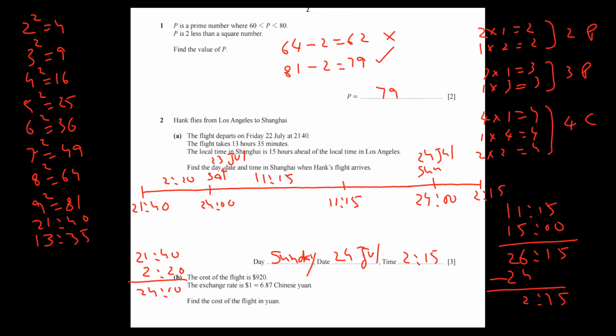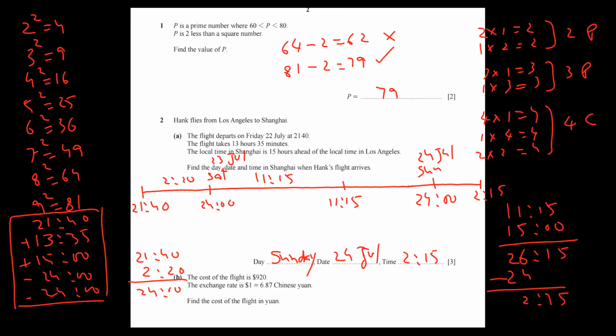And if I add a further 15 hours, the problem is that the day changes two times. So we have to subtract from here. This is add and then subtract 24 two times because the day changes. Let me check again, I start from the beginning here.